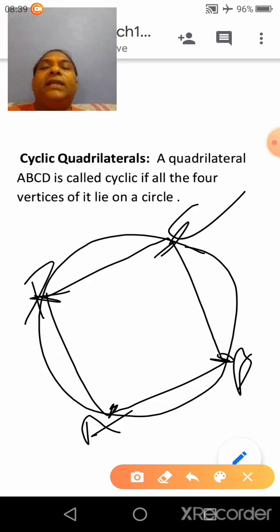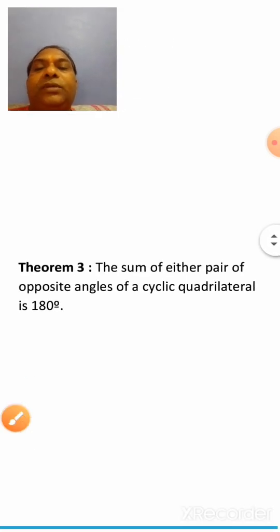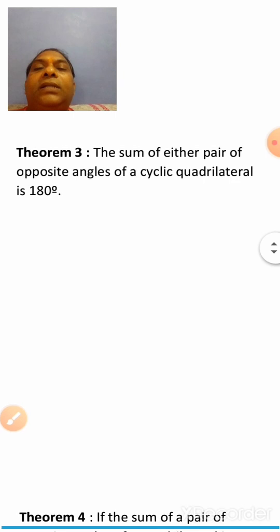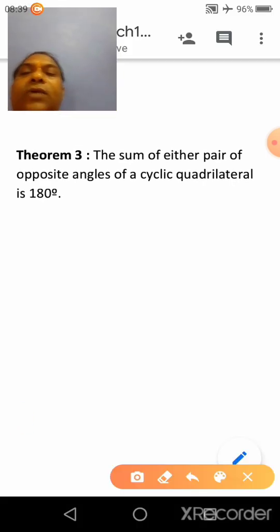So we can say that quadrilateral ABCD is a cyclic quadrilateral. Clear? Now next theorem, the sum of either pair of opposite angles of a cyclic quadrilateral is 180 degrees.